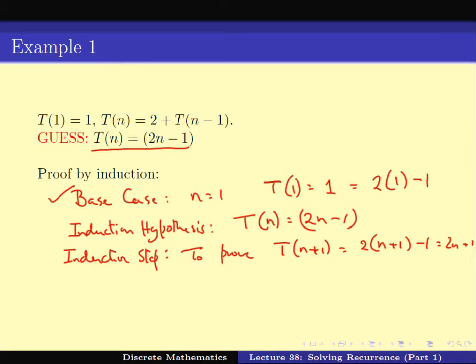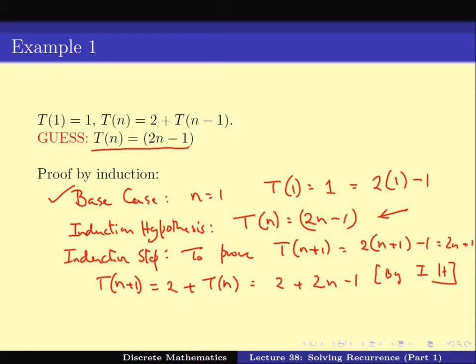Now, how do we prove it? Of course, by the recurrence that has been given to us, t of n plus 1 equals 2 plus tn, which equals 2 plus 2n minus 1 by the induction hypothesis, which is equal to 2n plus 1.